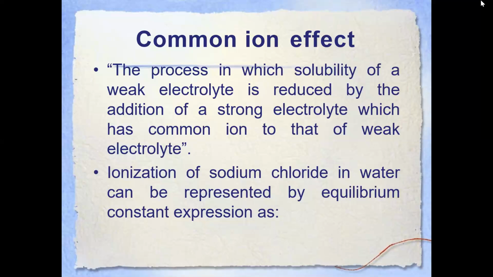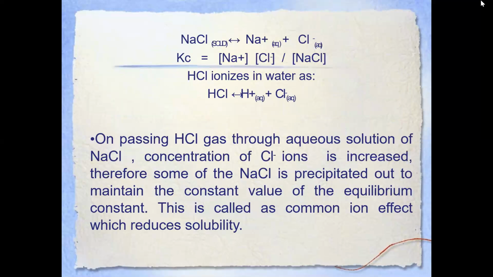The next factor is the common ion effect. This is the process in which the solubility of a weak electrolyte is reduced by the addition of a strong electrolyte which has a common ion. The ionization of sodium chloride in water can be represented by an equilibrium constant expression: sodium chloride dissociates into sodium and chloride ions.